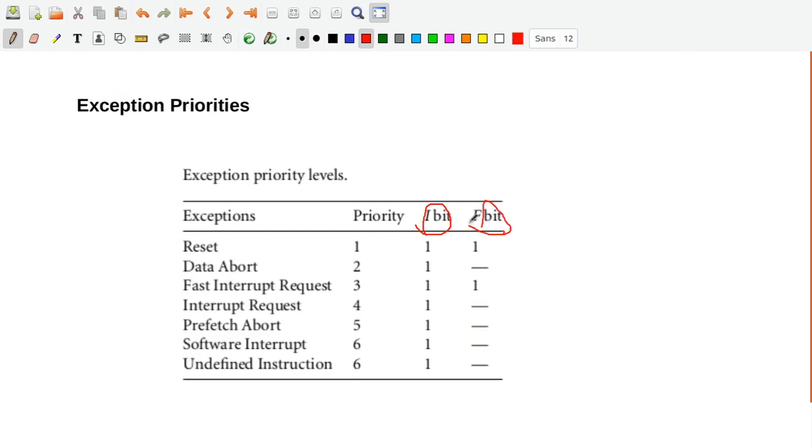They are basically disabled, depending on what kind of exception is thrown. That is also done before you enter an exception.